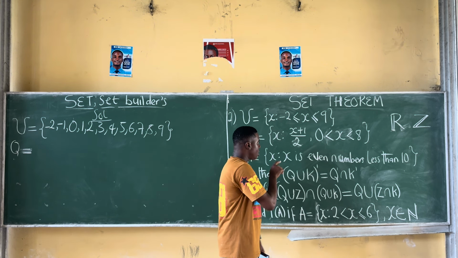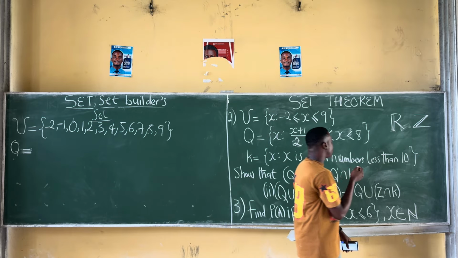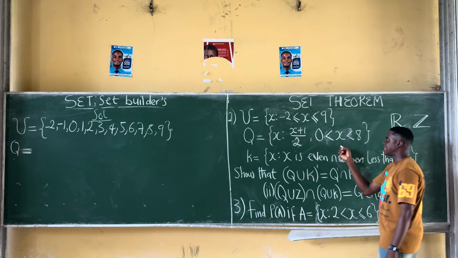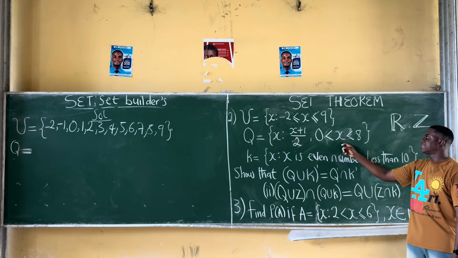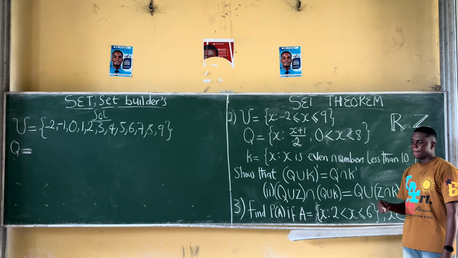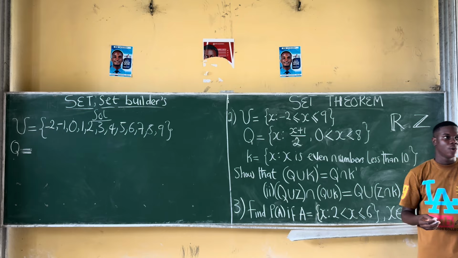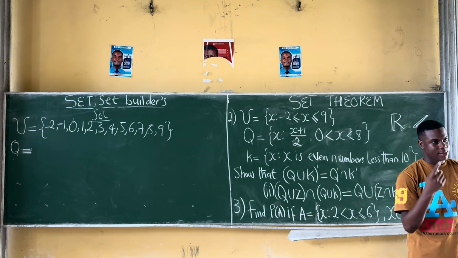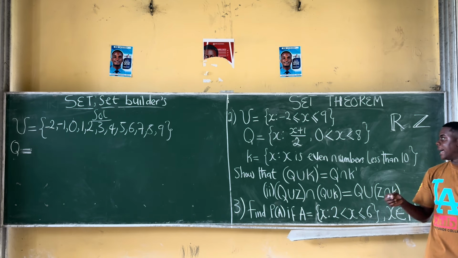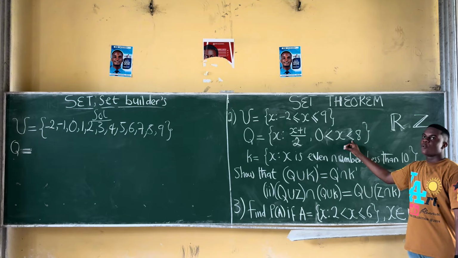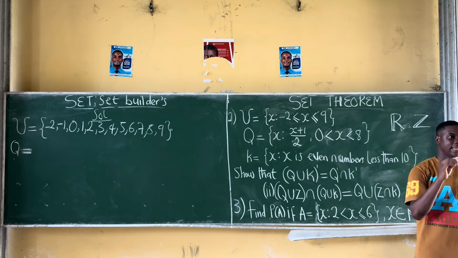Now, we see that the values for Q range from 0 is less than X, and X is less than 8. If they say 0 is less than X, what does that mean? X is greater than 0, right? So we're looking for numbers that are greater than 0, and we say X is less than 8. We also look for numbers that are less than 8.